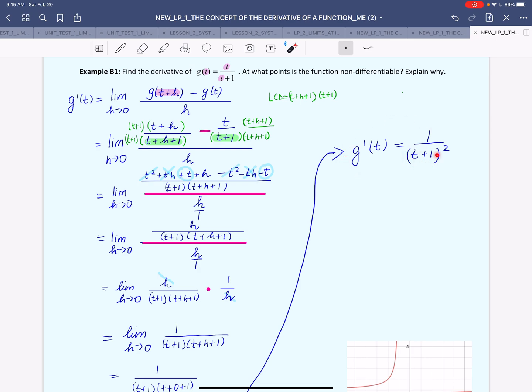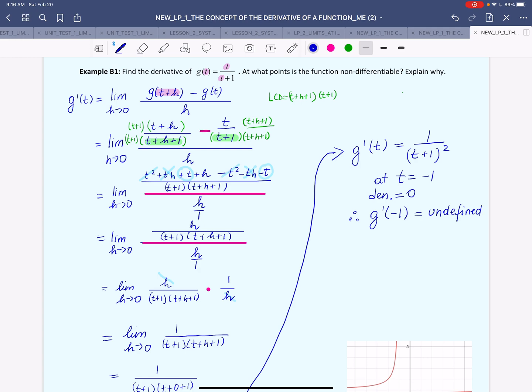So remember, this is a rational function in itself, and at t equals negative 1, the denominator will become 0. And denominator being 0 means that g prime at negative 1 will be undefined. So we're going to say that it's undefined at negative 1.